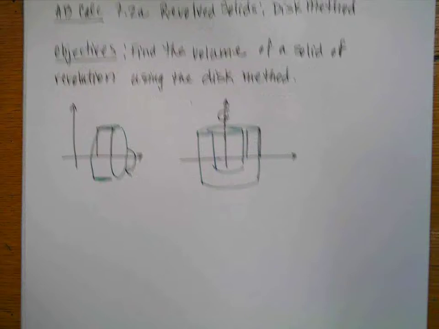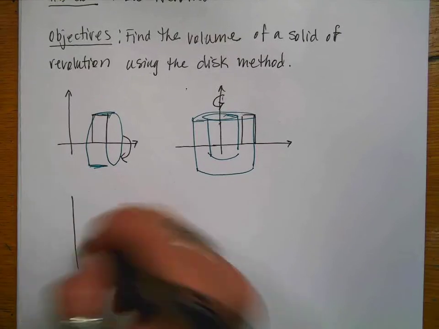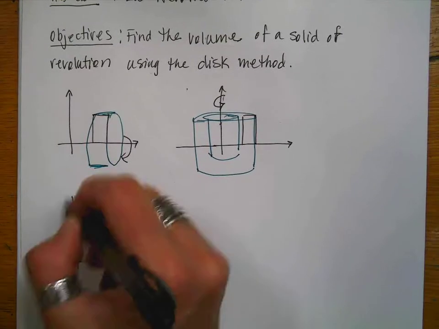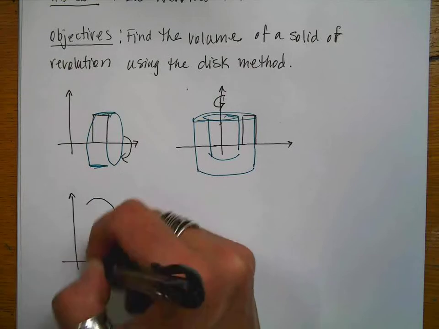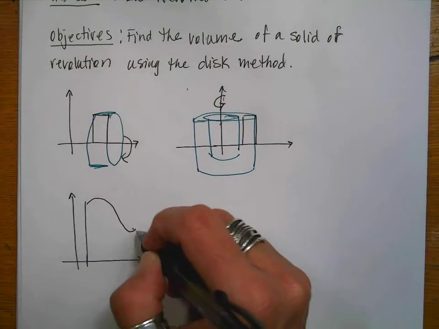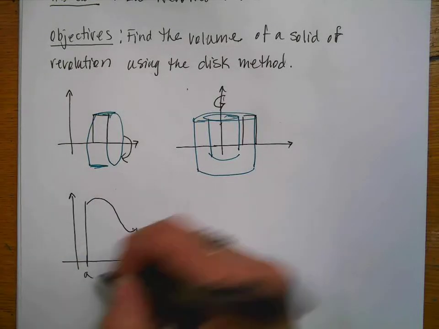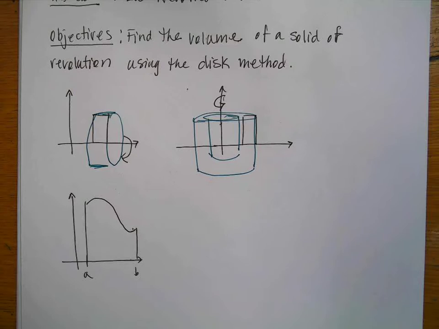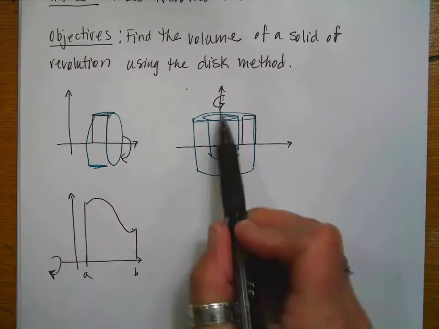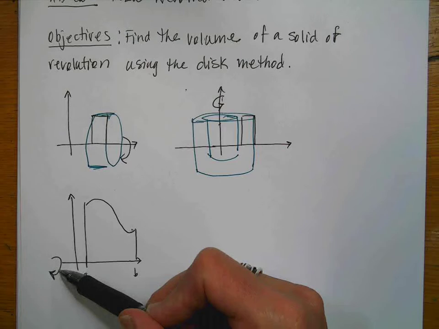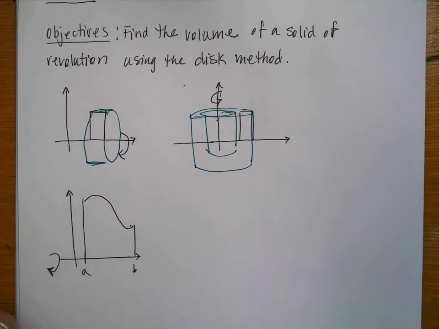Well, what if we did something that's a little bit cooler looking, and I took maybe a curve. So let's say I had a curve, and I did it from A to B, and I revolved that guy around the x-axis. You'll notice that I'm drawing my little arrow to show which axis it's being revolved about.